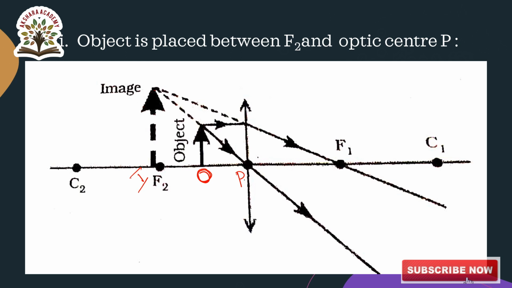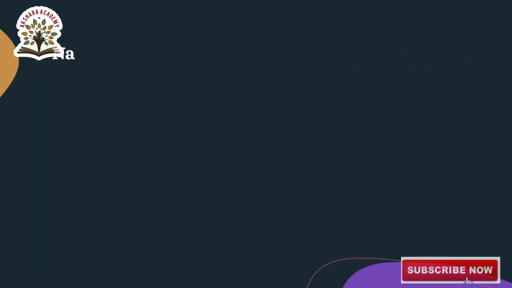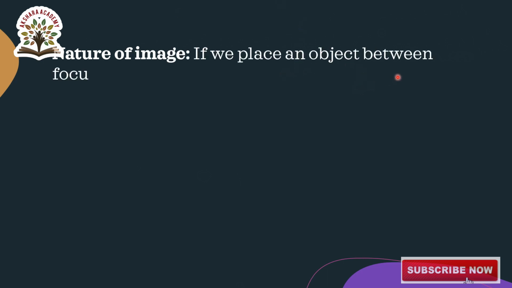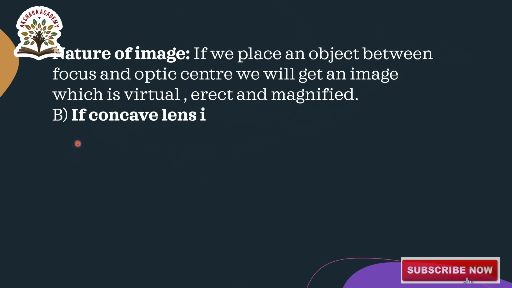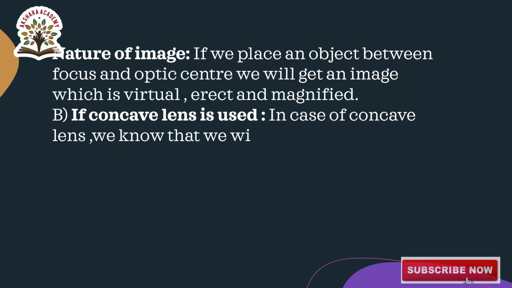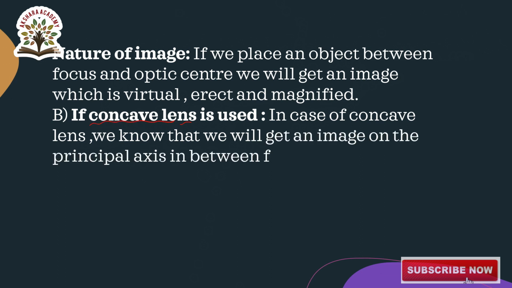Now let us discuss the nature of the image. If we place an object between focus and optic center, we will get an image which is virtual, erect and magnified, if a convex lens is used. Now we are using a concave lens, or diverging lens.